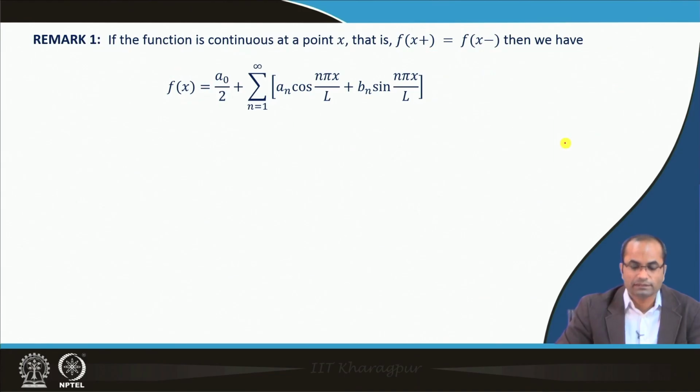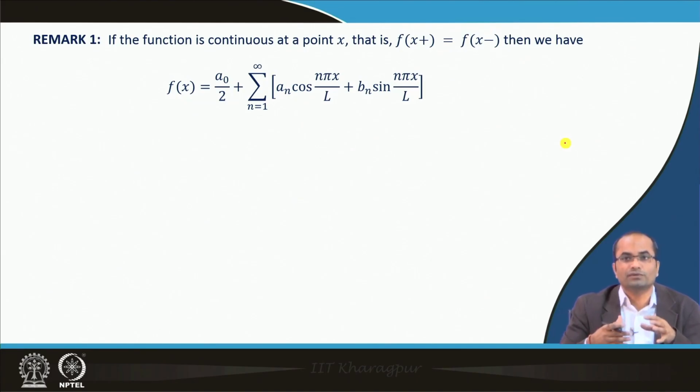So, if x is a point of continuity, in this case the series will converge directly to f x. That is another result we have: at a point of continuity of the function, the series will converge directly to f x, provided the left and right hand derivatives exist.